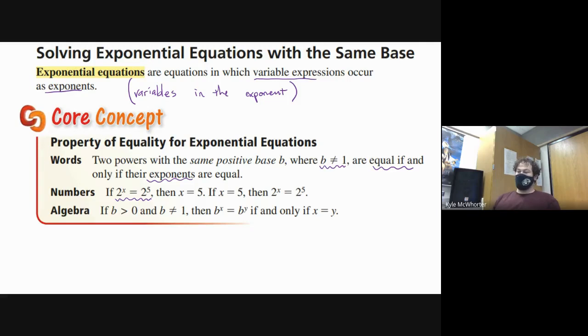If they're the same base and they're equal, then the exponents have to be equal too. And in algebraic words, if b is positive and not 1, then b to the x equals b to the y if and only if x equals y.